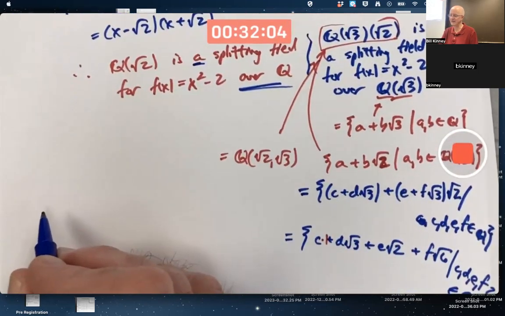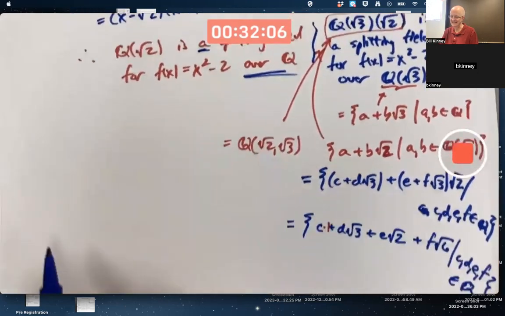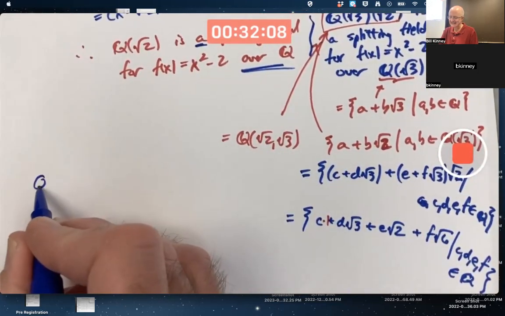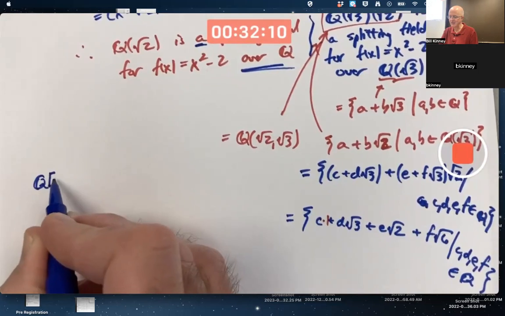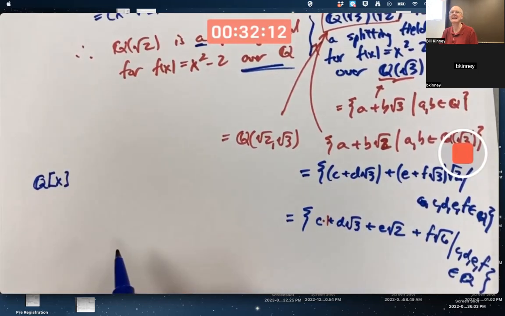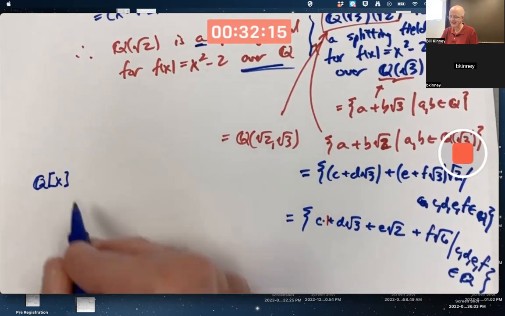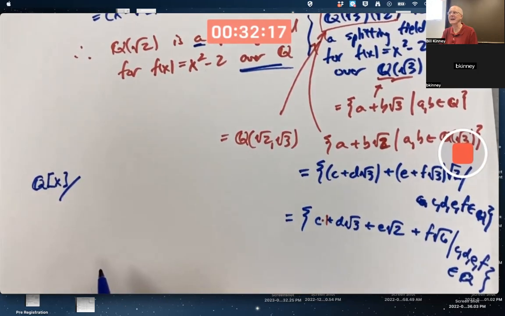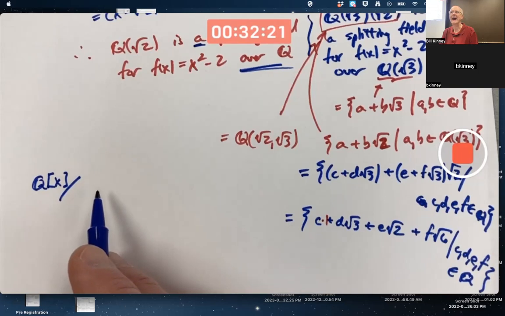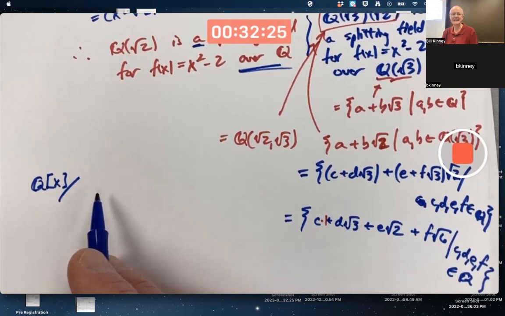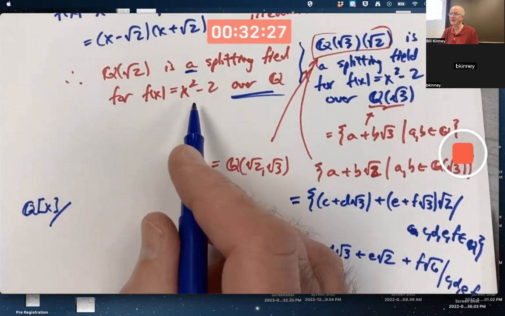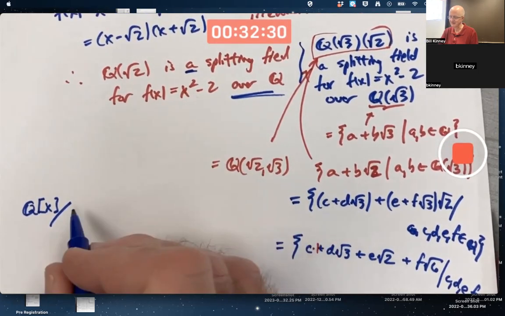Another example of a splitting field for this polynomial over the rationals is: take the ring of polynomials with coefficients in Q and form the factor ring where the ideal you are modding by is the principal ideal generated by this polynomial.